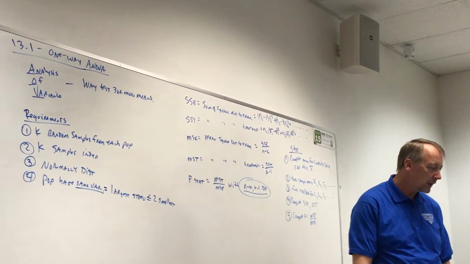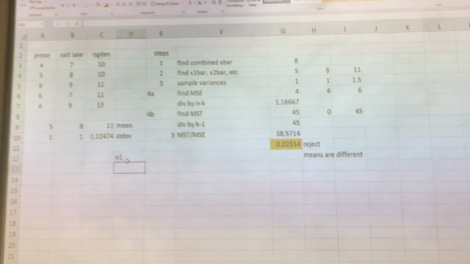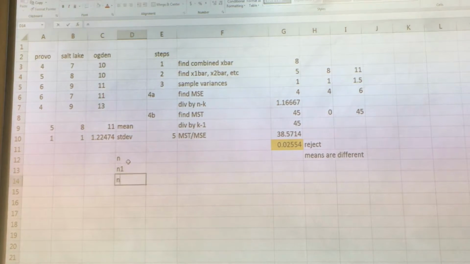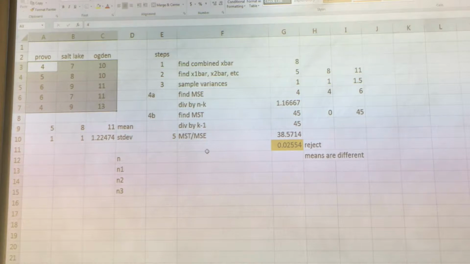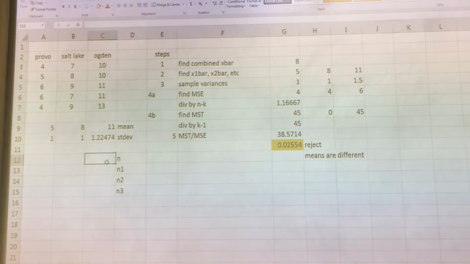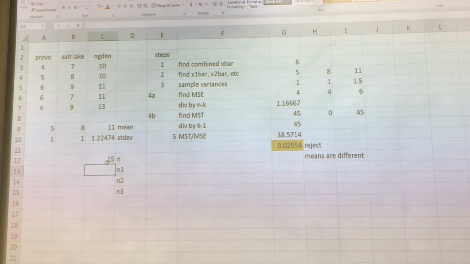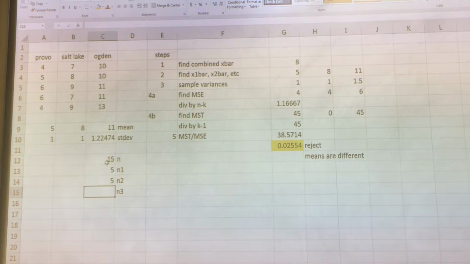Now I need to find the SSE. So let's look at my N, my N1, my N2, my N3. What is my N? N is going to be all of your samples, so that adds up to 15. N1 is 5, N2 is 5, N3 is 5.